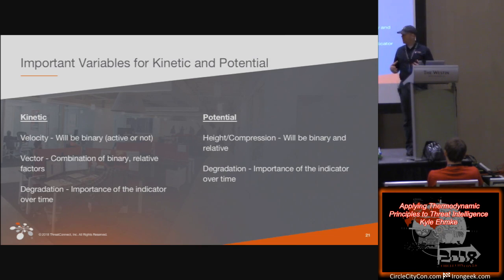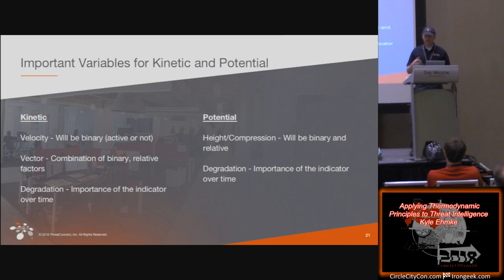So when considering kinetic and potential energies, there are certain variables that we want to make sure to include in our equations to capture the necessary data points for the indicators that we are evaluating. For kinetic energy, we want to include the velocity, the vector or direction, and its degradation over time. Velocity is simply going to be binary.